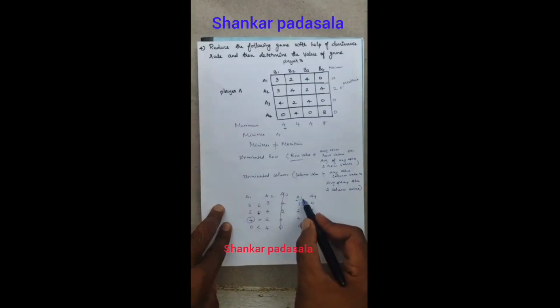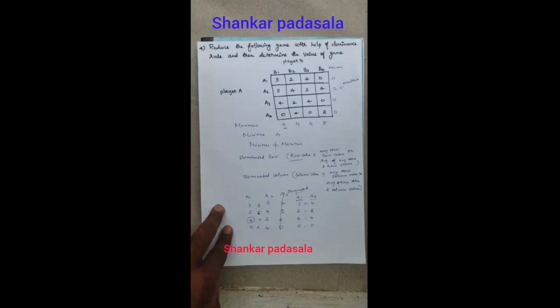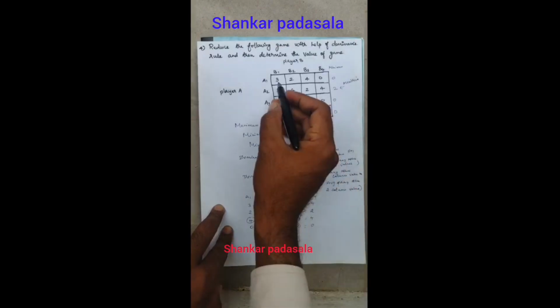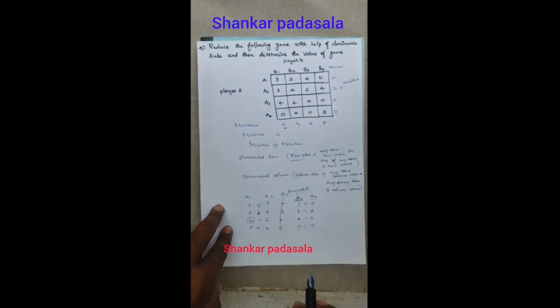So A1 is the dominated row, dominated by the A3 row, and we can remove the A1 row in the next iteration. The remaining matrix we can write down.